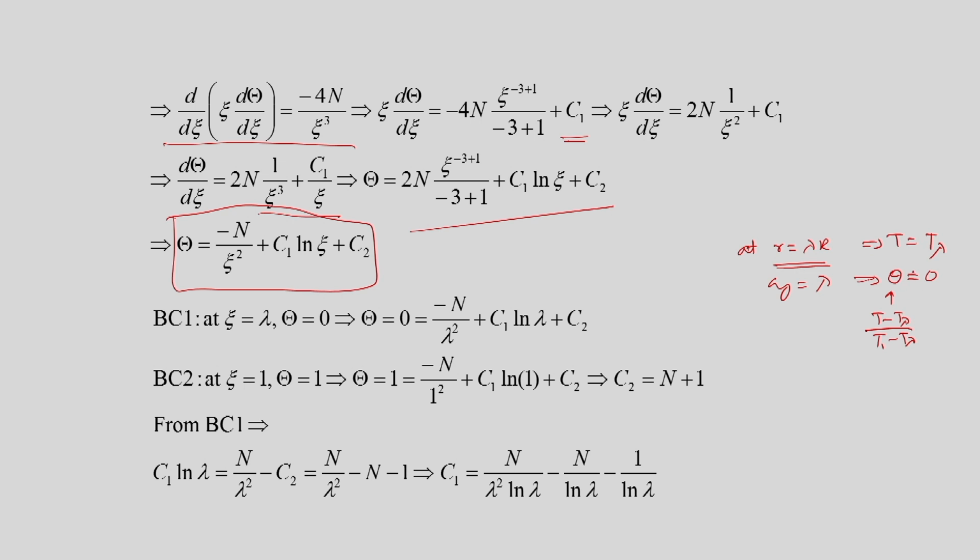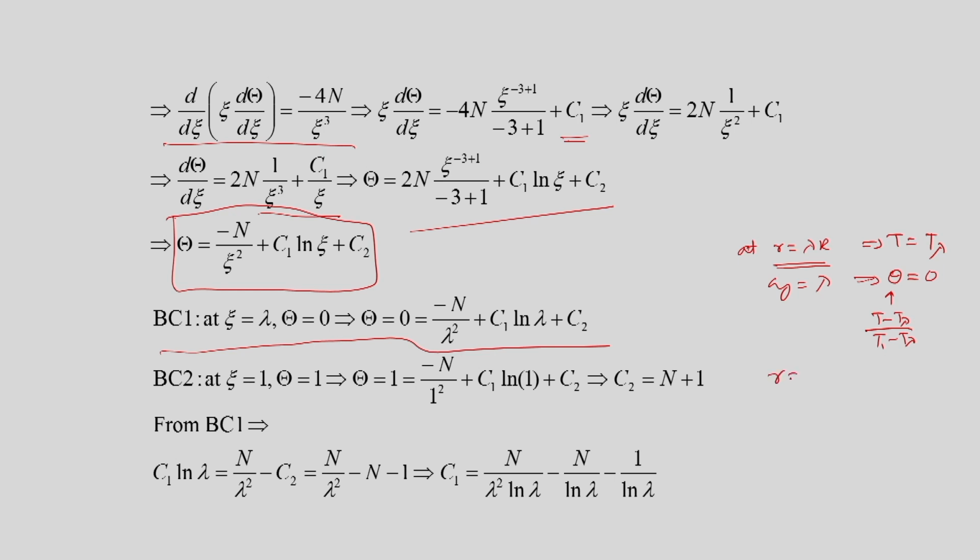So, if T equals T lambda, then theta is (T lambda minus T lambda) by (T1 minus T lambda), that is 0. This is one boundary condition. So, at xi equals lambda, theta equals 0, so 0 equals minus n by lambda square plus C1 ln lambda plus C2.